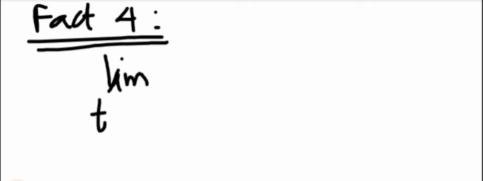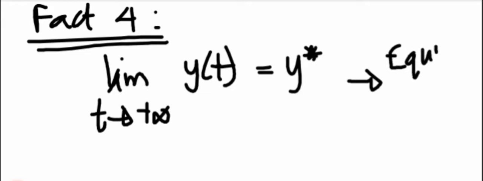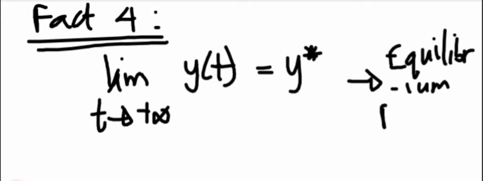But now, if t is going to plus infinity of y(t) and this is equal to y star, that this y star is called what? An equilibrium point. Another thing you can say is, it is also called a critical point.